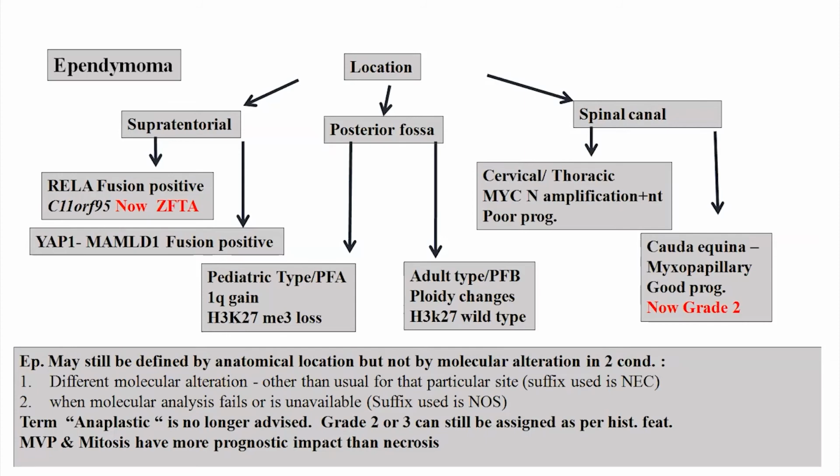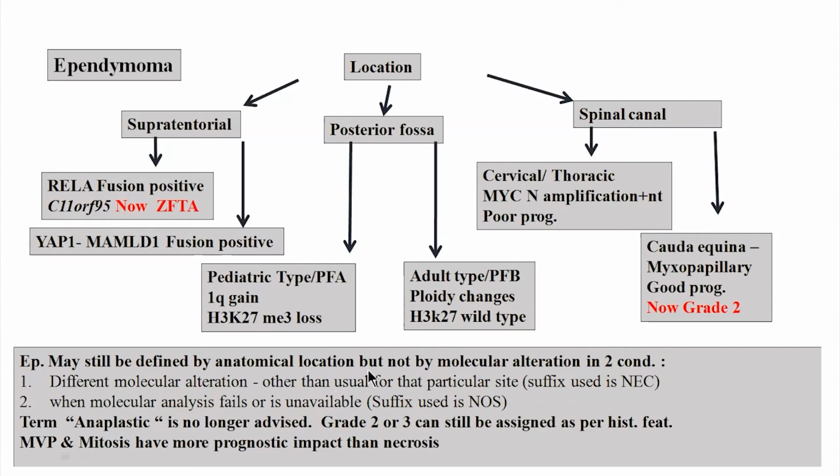But still, because of unavailability of these mutation analyses, they still allow us to classify them histologically, and we can define the ependymomas on the basis of histology in two conditions.